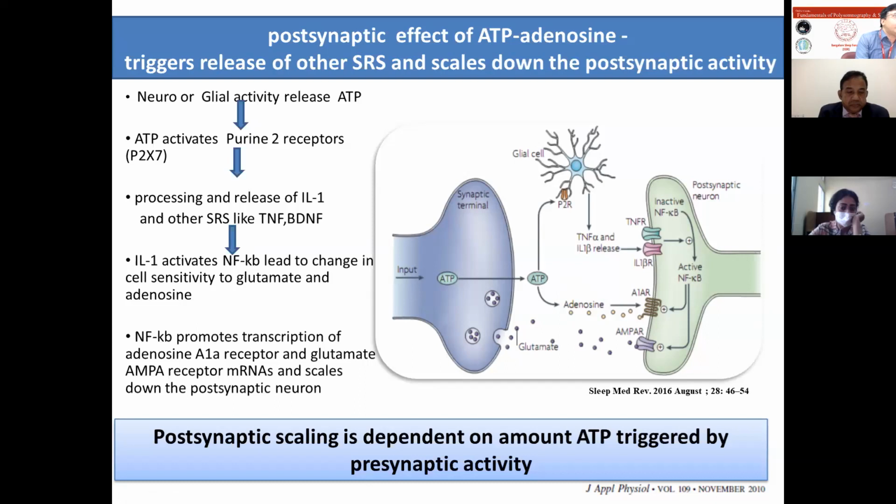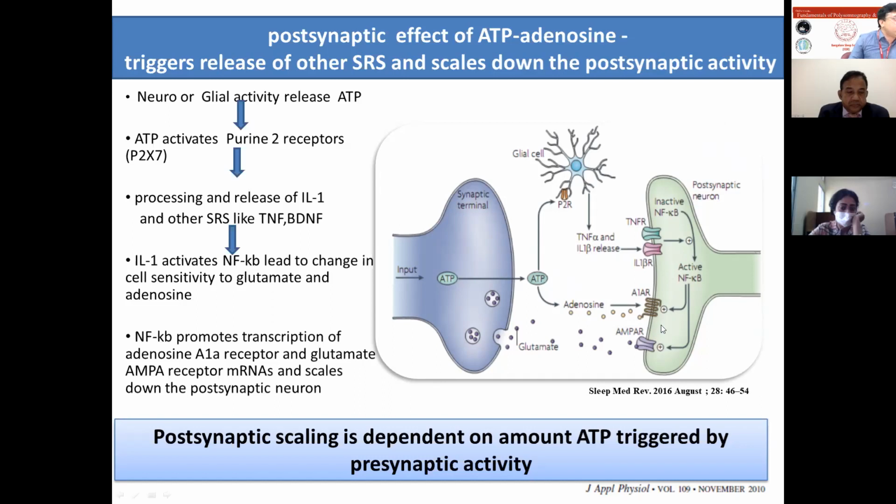So adenosine acts presynaptically by inhibiting glutamate release and increasing potassium conductance, and at the postsynaptic level, ATP induces a cascade of events through the release of these cytokines and by increasing the adenosine A1 receptors, so it will also reduce the activity at the postsynaptic level.